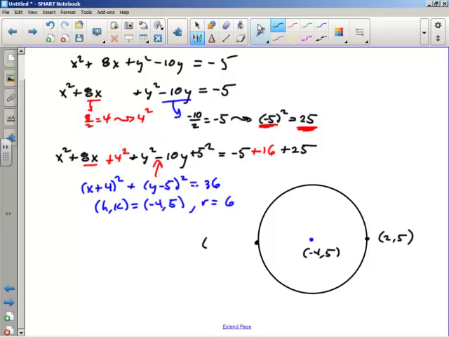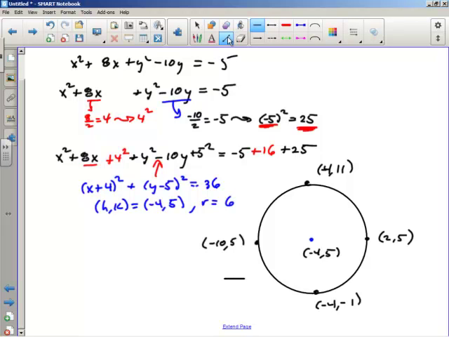Minus 4 minus 6 is minus 10. Go up 6 from 5. Go down 6 from 5. Okay. And then throw in your x and y axes.